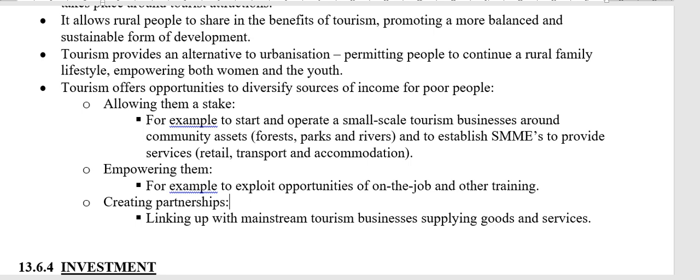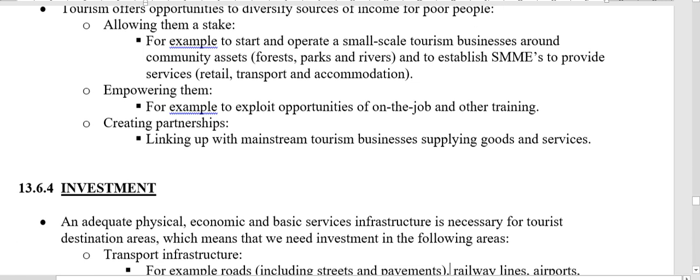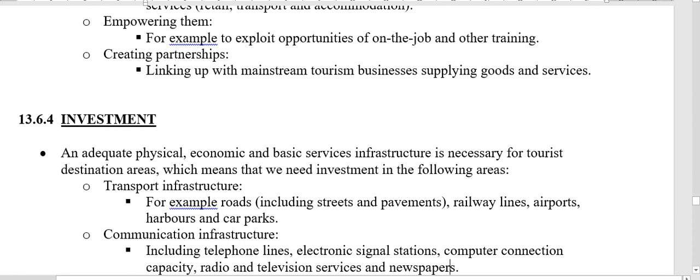All right. And then lastly, it also can create partnerships, okay, when there's a linking up with mainstream tourist businesses that supply goods and services. So a big hotel, for example, will source their food from a small little local farmer. All right. So the small little local farmer, his business will start booming because he's supplying the hotel.